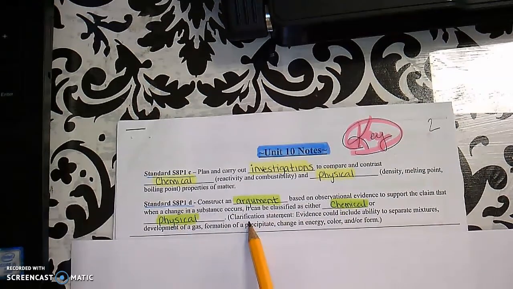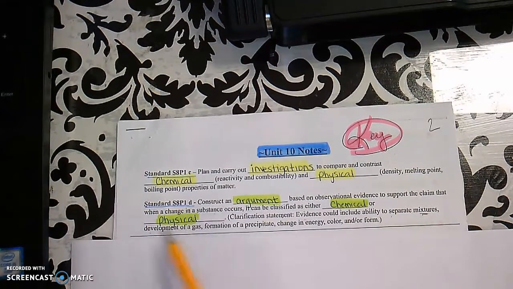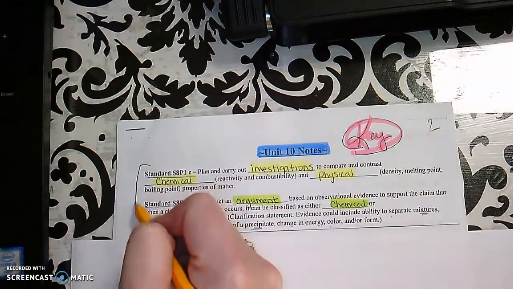And our clarification statement is evidence could include the ability to separate mixtures. Remember, that kind of comes back from last unit, with pure substances and mixtures. And we would note the development of gas, formation of a precipitate, that's going to be a vocab word for this unit, change in energy, color, and or form.